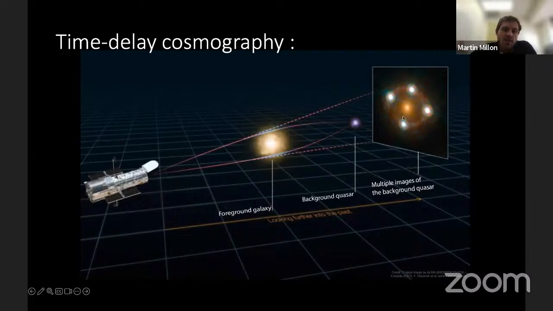If the background quasar and the foreground galaxy are not perfectly aligned, you end up with an optical path which is a little bit shorter or a little bit longer, depending on the configuration. And this leads to a time delay in the arrival time of the photons in the different images.